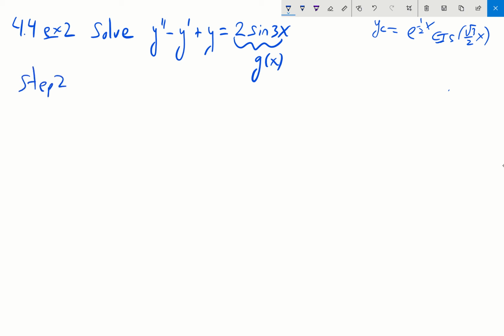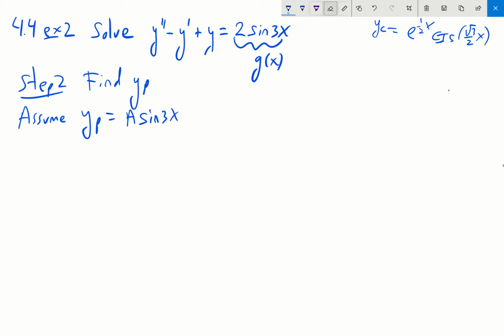So it's important to consider that in this part, if we're trying to solve for y particular, even though you only see a sine on the right-hand side, we're going to make the following assumption. Let's assume y particular is equal to a cosine 3x plus b sine 3x.